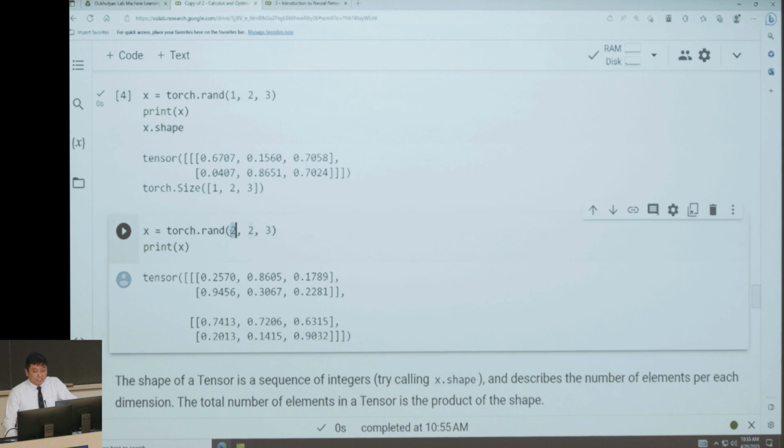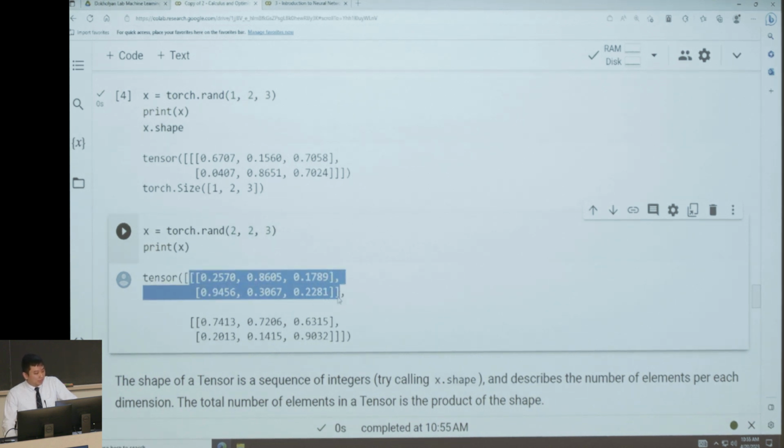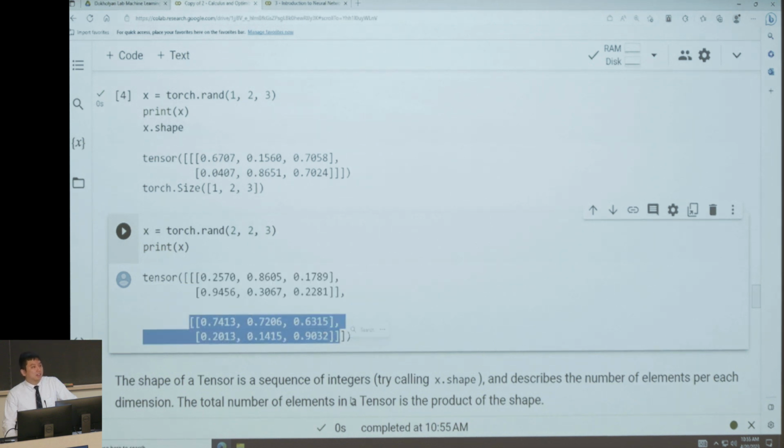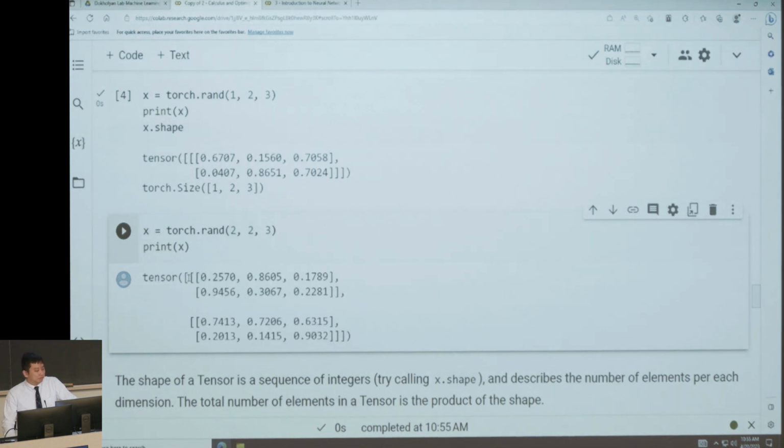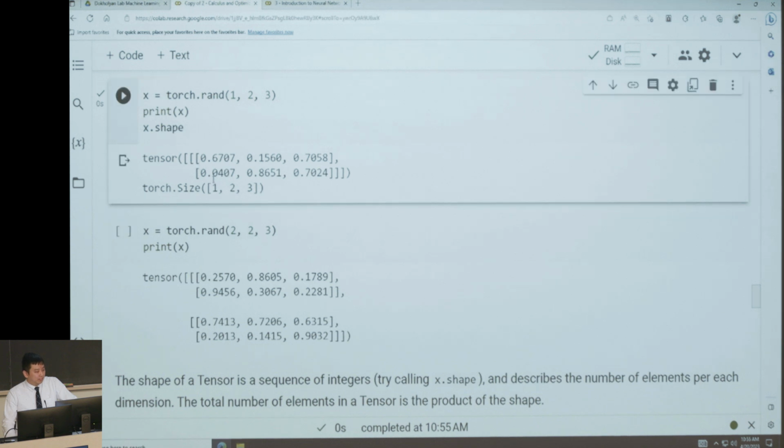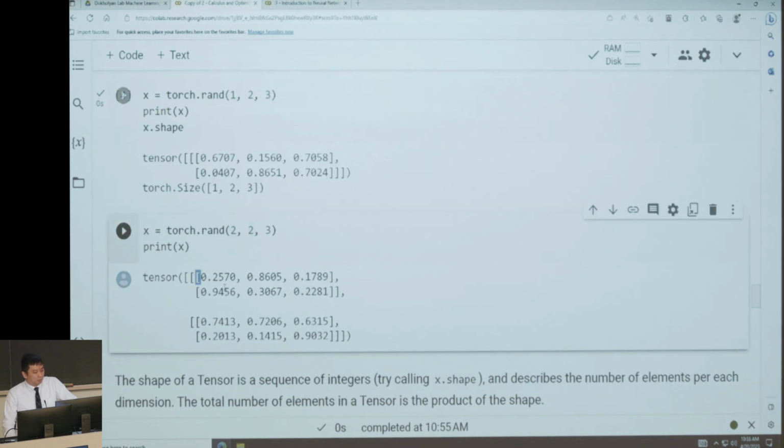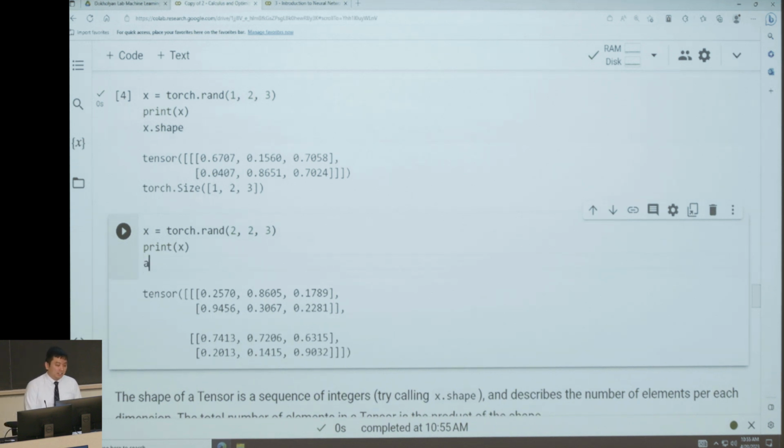Okay, to check your understanding of this, if we increase the first dimension by 1, what does that do? It gives you another list of lists. So instead of just having 6 elements here, we have 12, right? And the reason for this is so that we can index into all of these dimensions.